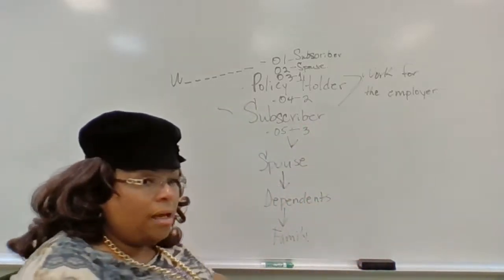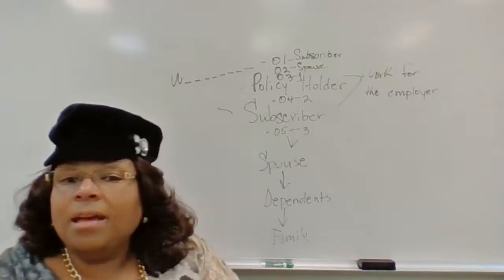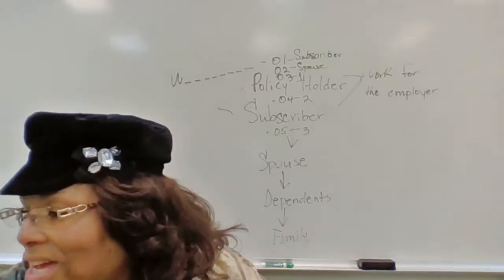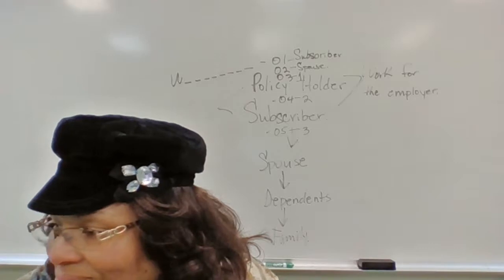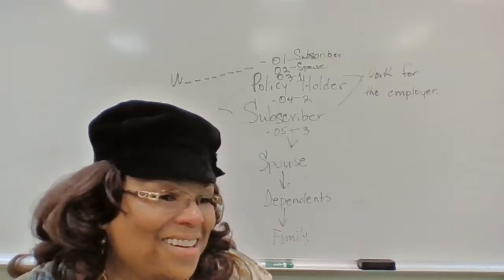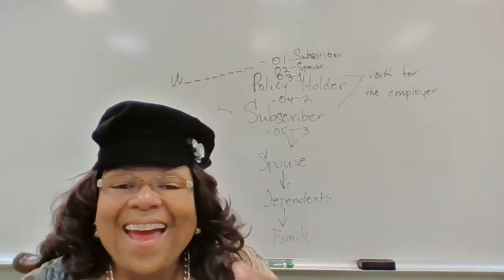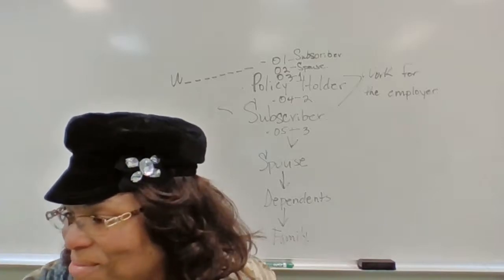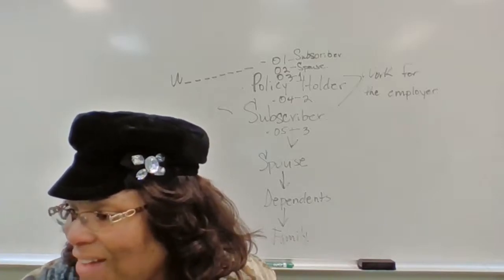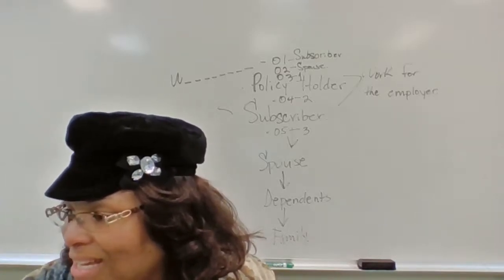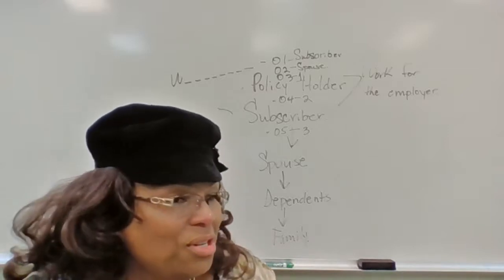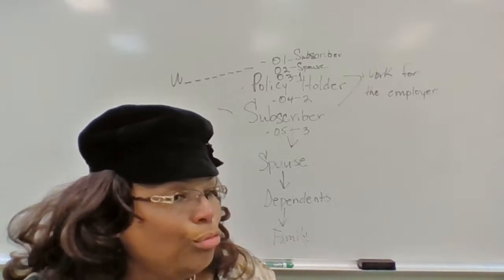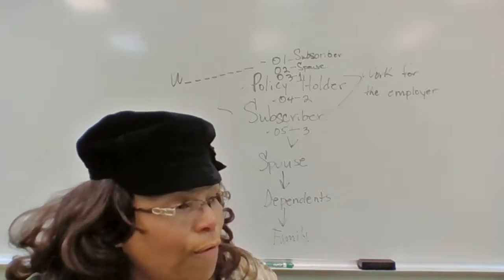Does everybody understand that? So anytime Jimmy Ray gonna give you a card and it has a dash 03, 04, and 05 on the end, he gonna tell you I don't have no kids. And you know good and well you see 02, 03, 04, 05.